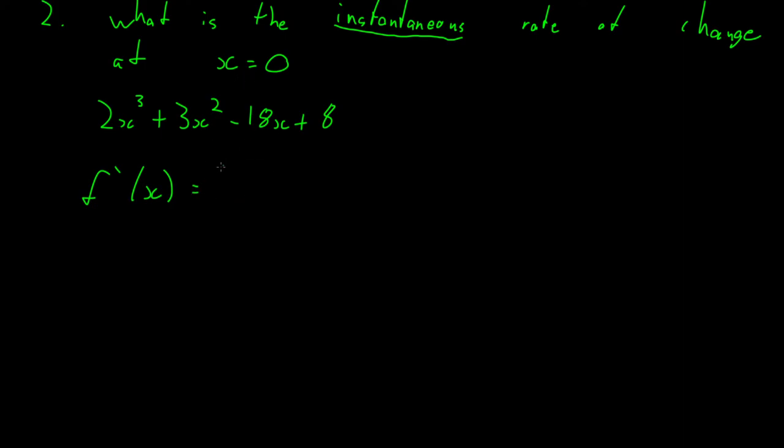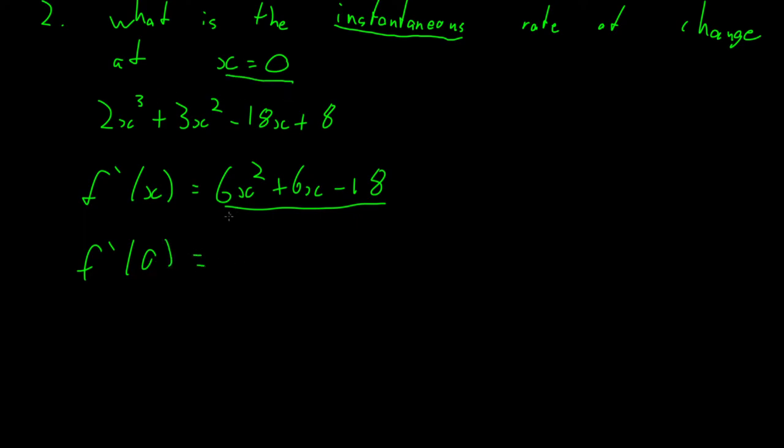And I explained how to do this in the last video, so we're going to be using the really simple method, not that long expansion. And we're just going to realize that the derivative is 6x squared plus 6x minus 18. And then what we do now is sub 0 into the derivative, because it says x equals 0.